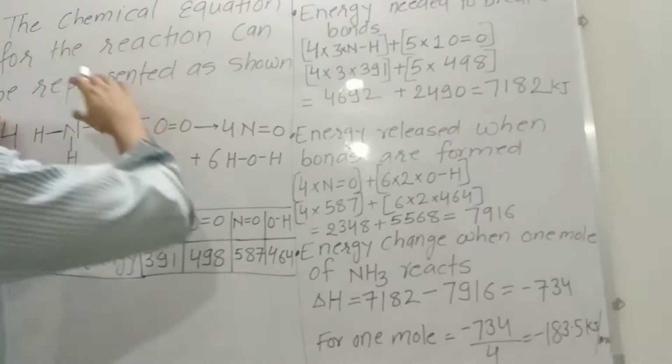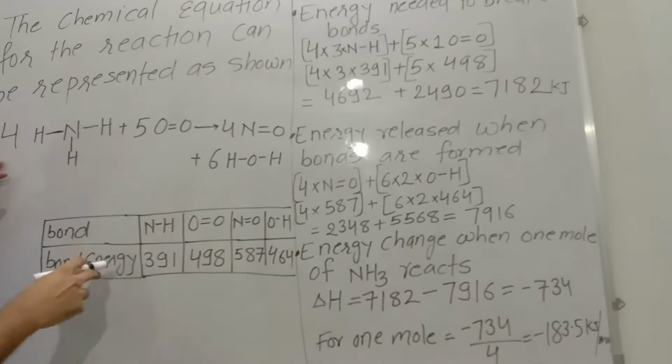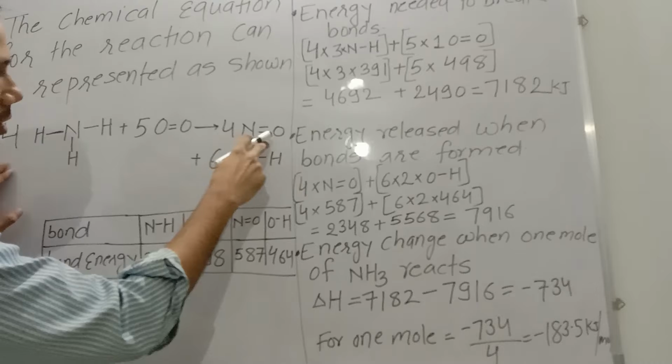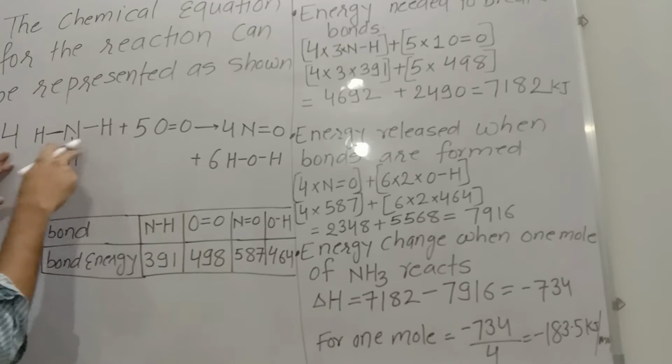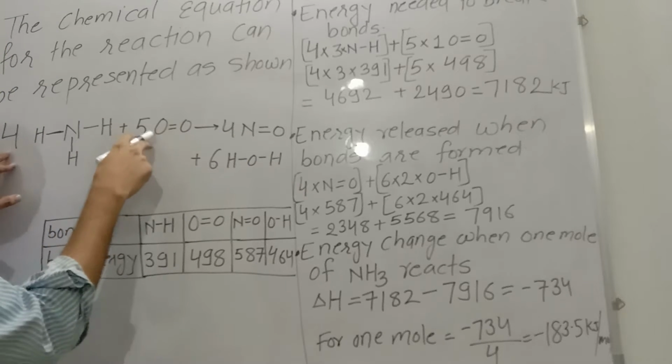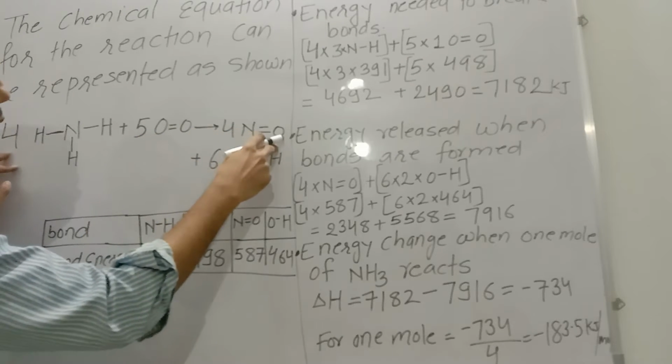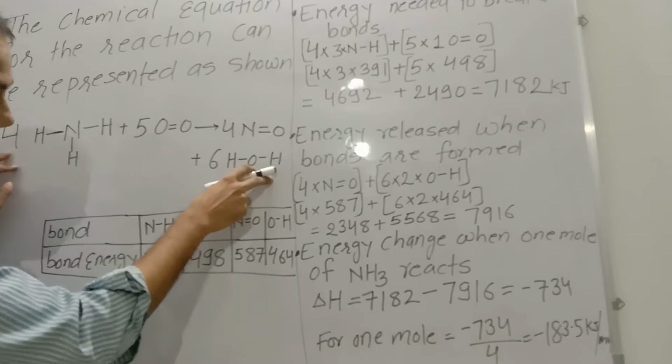So here there is one problem: ammonia reacts with oxygen, and forming, see, this is 4 mole of ammonia reacts with 5 mole of oxygen, forming 4 mole of NO and 6 mole of water.